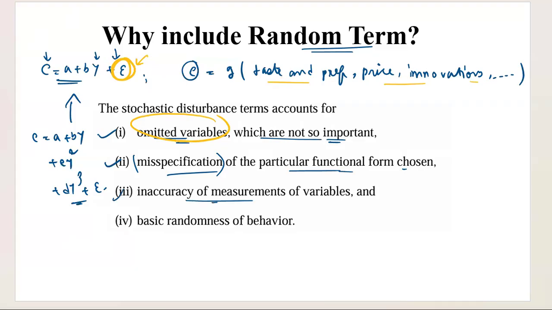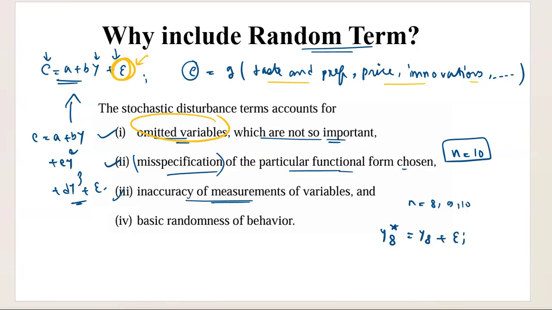Thirdly, inaccuracy in the measurement. Suppose we have n equals 10 people in the sample, but for the 8th person, 9th person and 10th person, the income data is not available to us. And for that, you are taking a proxy variable. Suppose you call it y8 plus some epsilon.